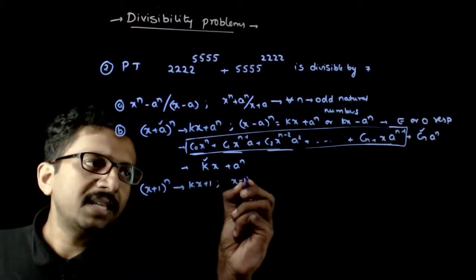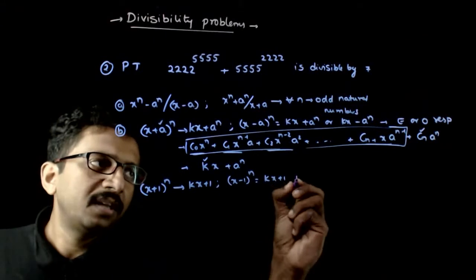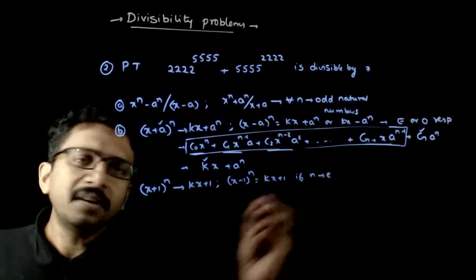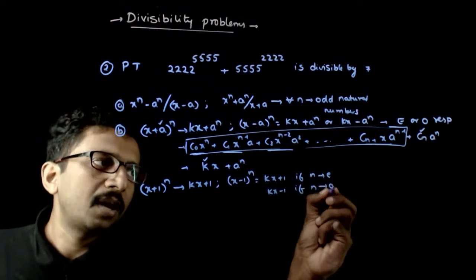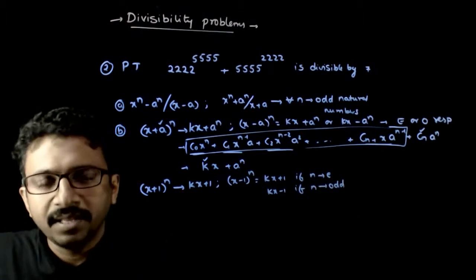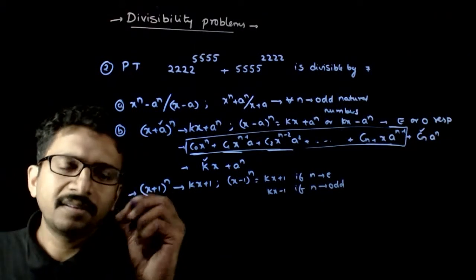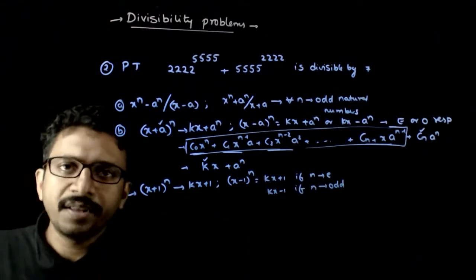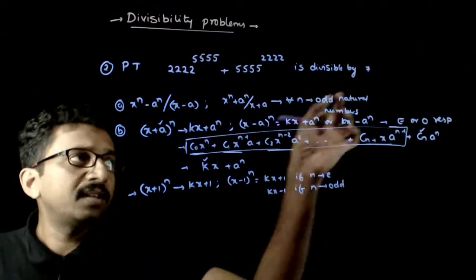And (x minus 1) whole power n can be written as kx plus 1 if n is even, and kx minus 1 if n is odd. So I hope you understand this theorem. This is a very useful theorem in binomial theorem when you have divisibility with small numbers.